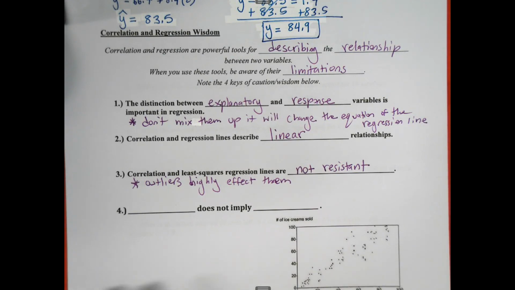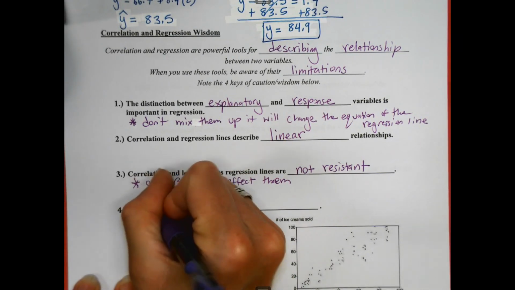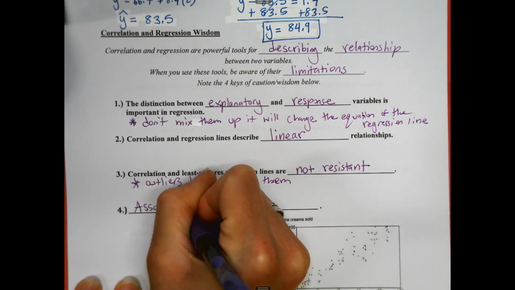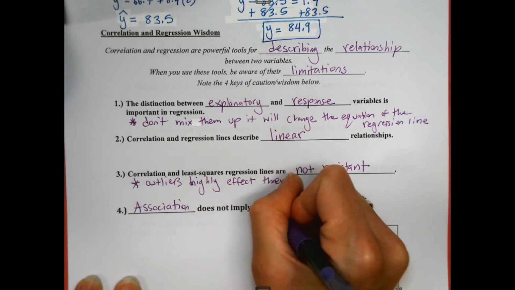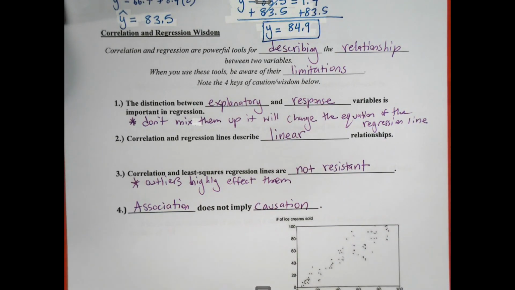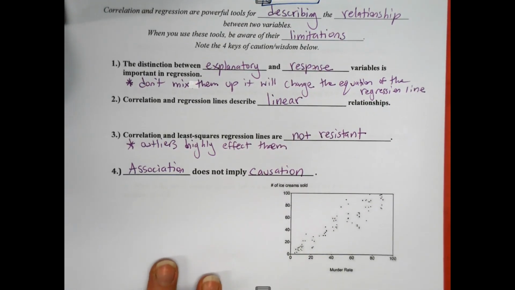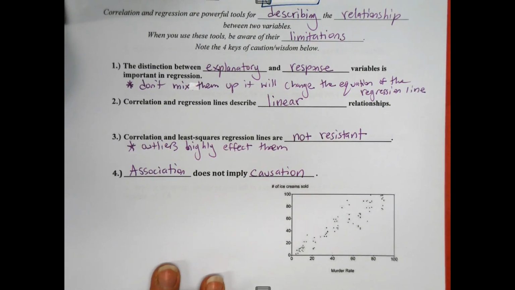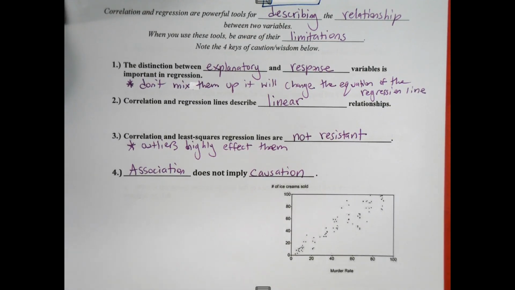And the last one is that association does not imply causation. Two things might be related to each other, but it doesn't mean that one thing causes the other. For example, in this graph down here, we have murder rates and the number of ice creams sold.